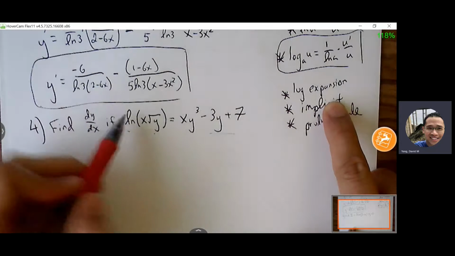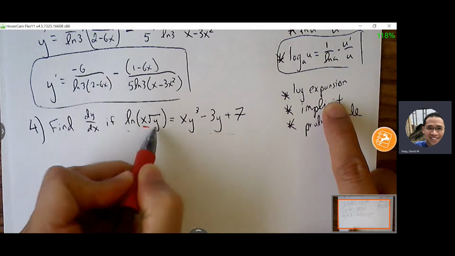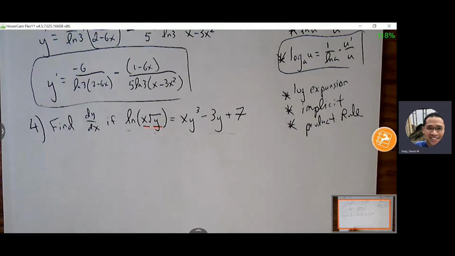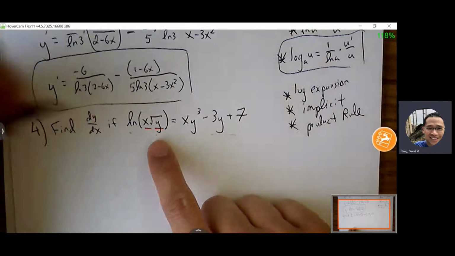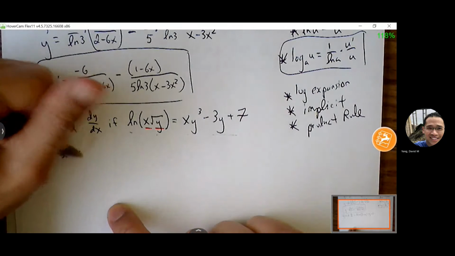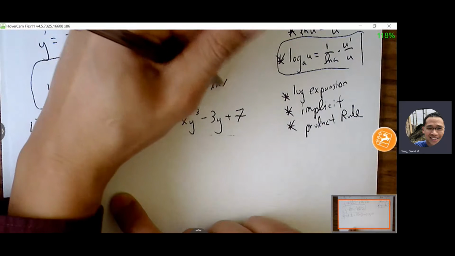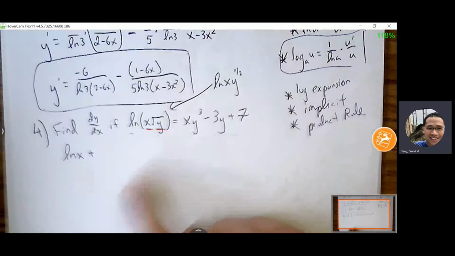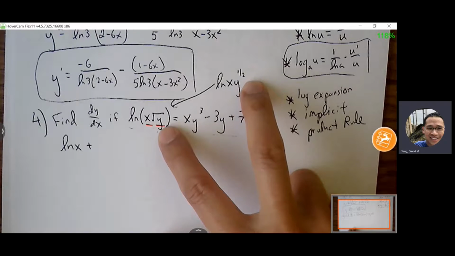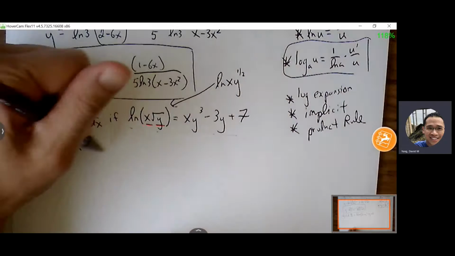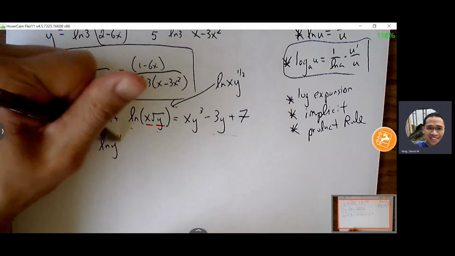Okay, so log expansion. That's my A and that's my B. I'm just going to clean this up before the derivative starts. And we said that this is the same thing as natural log of x times y to the 1/2, right? Taking that square root of y and bringing it up. So natural log of x plus natural log of y to the 1/2.